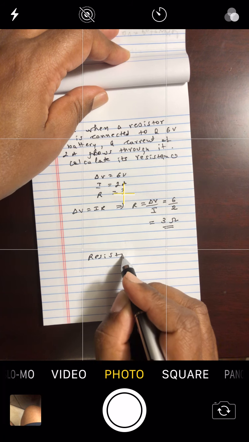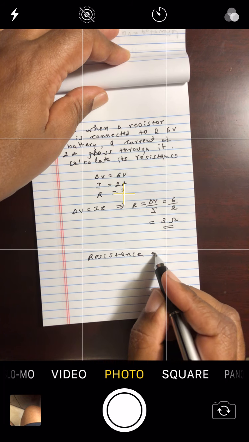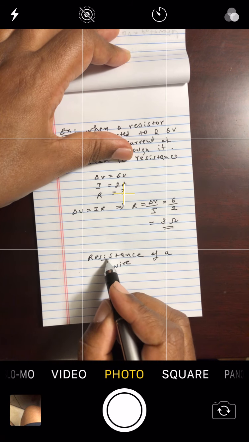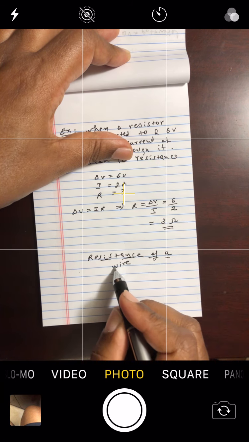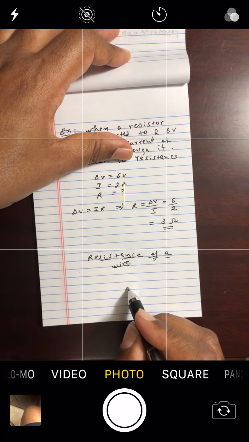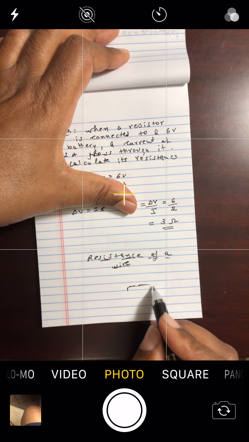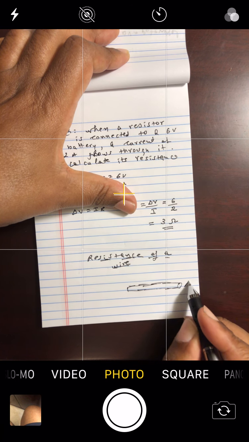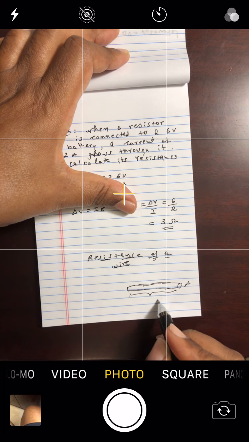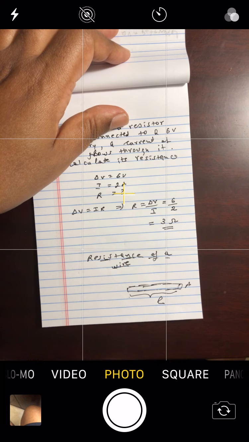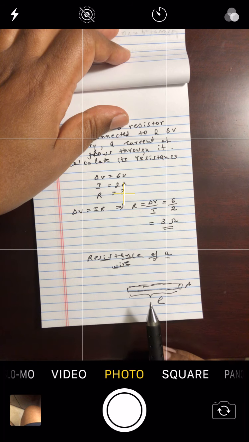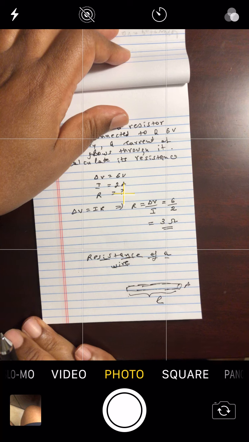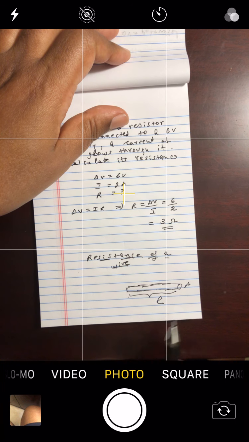Resistance of a wire. Let's say this is a wire of cross-sectional area A and length L. Now, the greater the length of the wire, the greater the obstacle the charges will experience when they cross the wire.